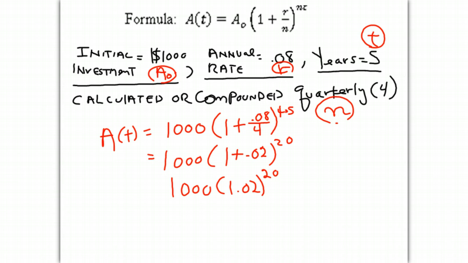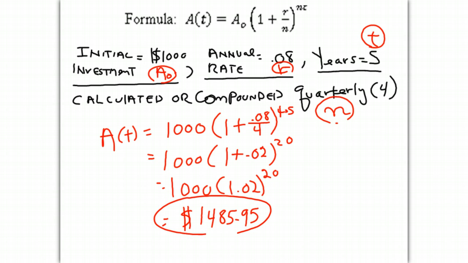And if you do that calculation, you will get a total at the end. You will have $1,485.95. And that is the amount of money we'll have after 5 years compounded quarterly at 8% interest.